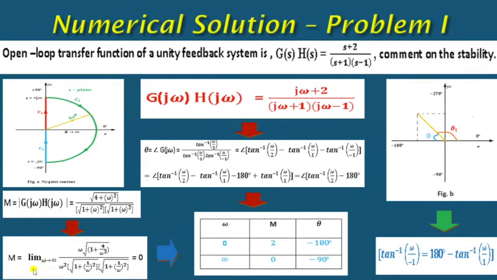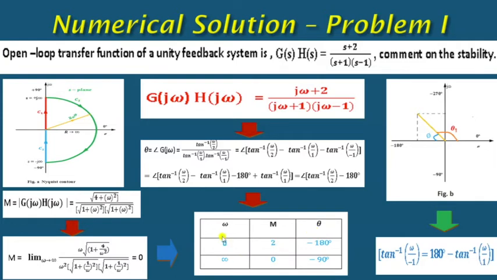Then find the magnitude when omega varies from 0 to infinity. Then create this table. Write down this is magnitude and this is theta, that means the phase angle.